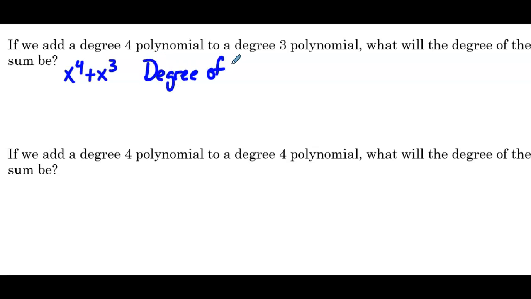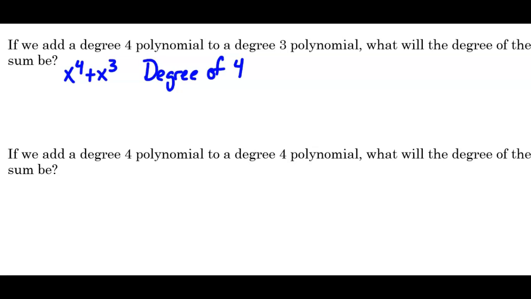So in general, if we're adding two polynomials, where one polynomial has a higher degree than the other, the resulting polynomial is going to have whatever that highest degree is.